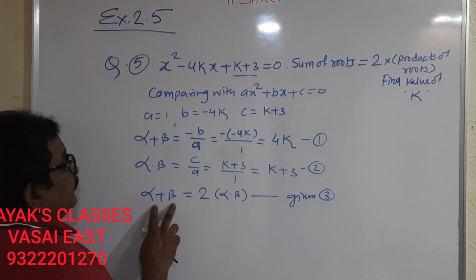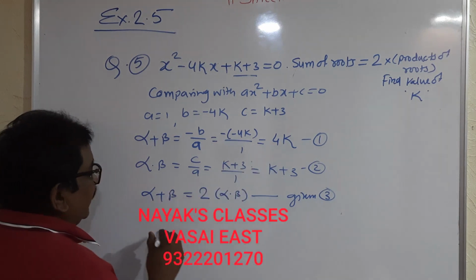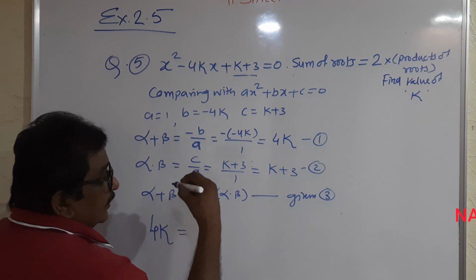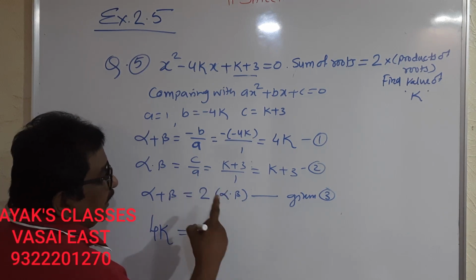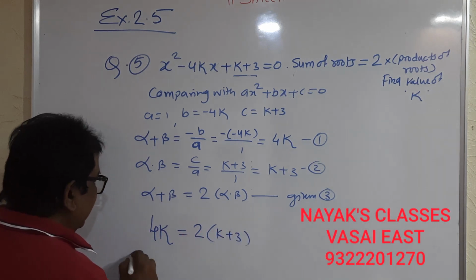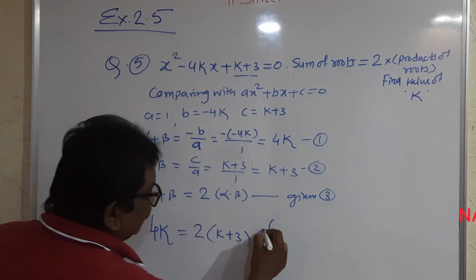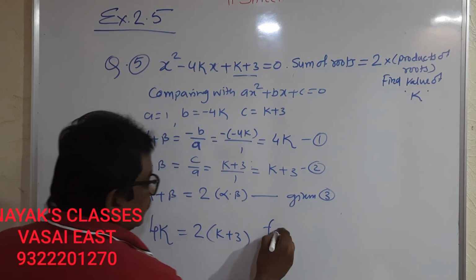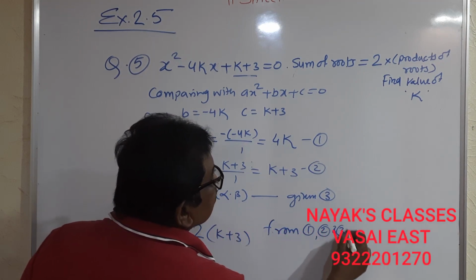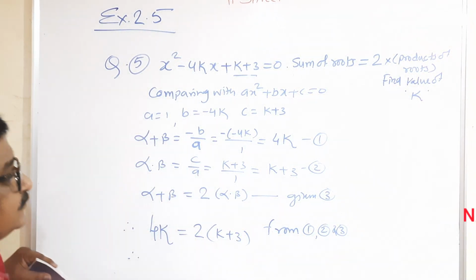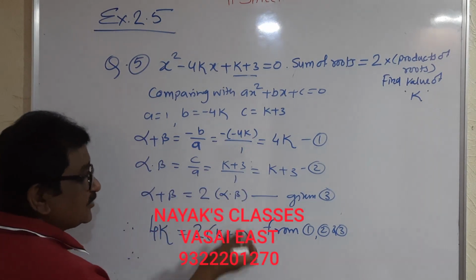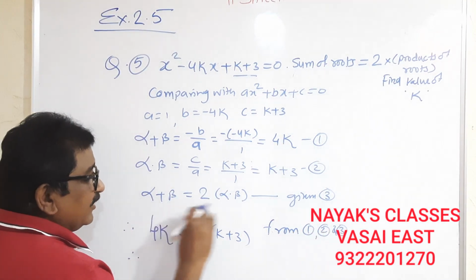Means alpha plus beta, that is 4k, is equal to 2 into bracket alpha into beta, that is k plus 3. Therefore, from 1, 2 and 3, we put alpha plus beta and alpha into beta in the given condition.